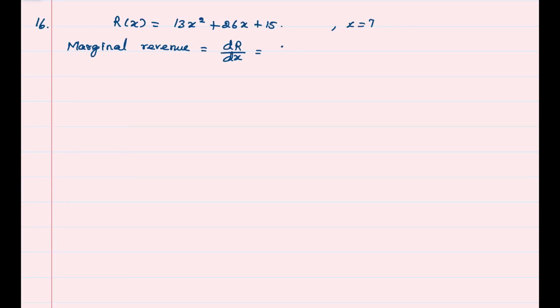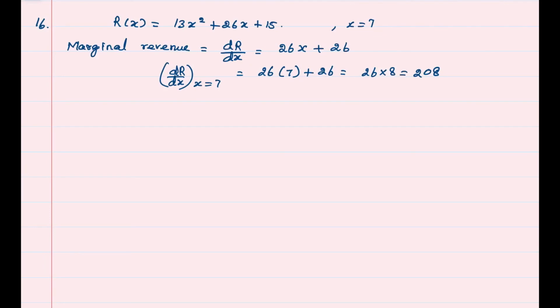Let us differentiate and write 26x plus 26, and we have to find dR over dx when x is 7 units. 26 times 7 plus 26, it becomes 26 times 8, which is 208. Therefore, marginal revenue is rupees 208.